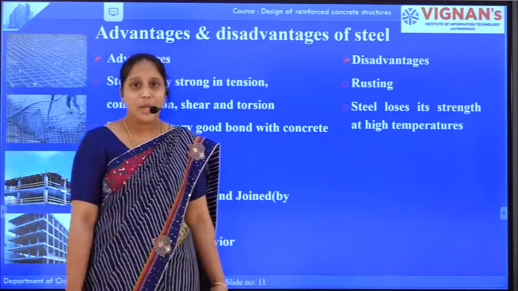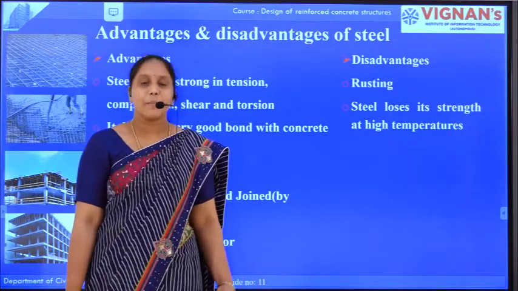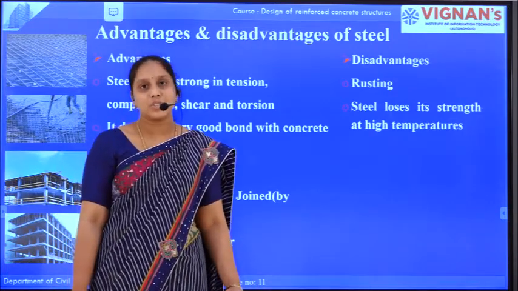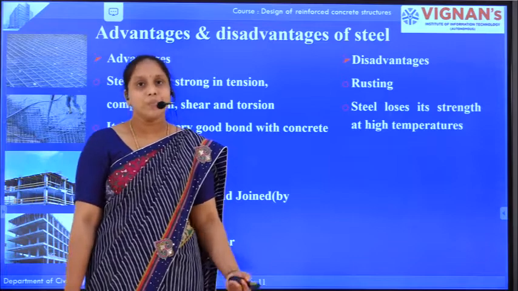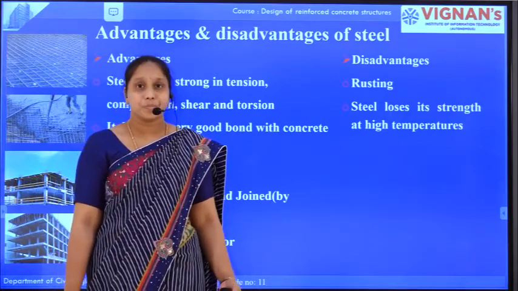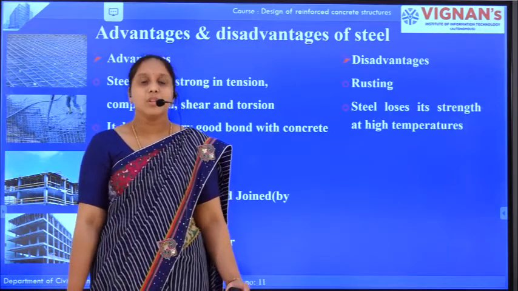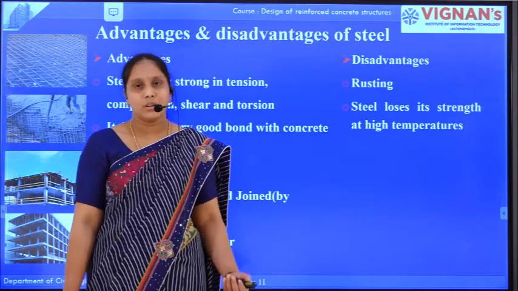So till now we have seen the main materials which are used in construction, that is concrete and steel. Now let us discuss reinforced cement concrete. What is meant by reinforced cement concrete?